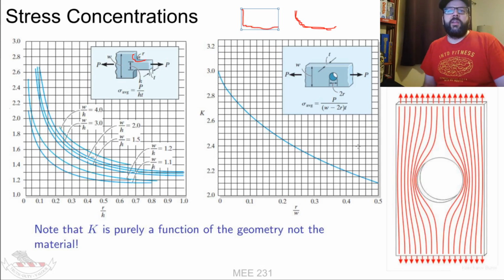You can see, for the example here with a hole on a plate, the smaller the hole is in relation to the width, the higher stress concentration you're going to get.